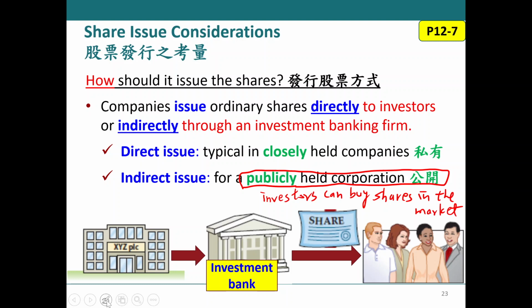Okay, so the direct way is usually only for some people, who cannot buy it in the market.